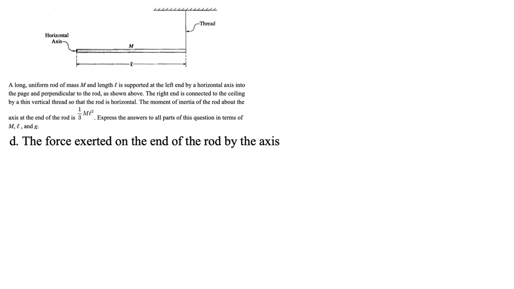Part D. Find the force exerted on the end of the rod by the axis. Perhaps no surprise, but once again, we're going to draw our quasi-free body diagram, and we're going to say that our forces are Fa star pulling up and the weight pulling down, and they produce an acceleration downward, which is 3/4 g.